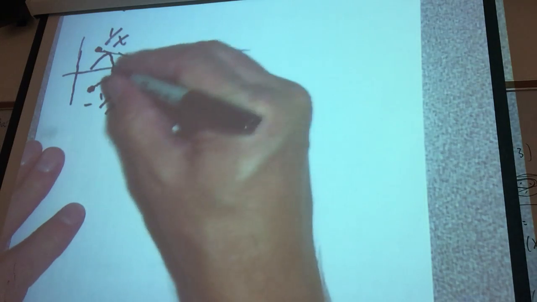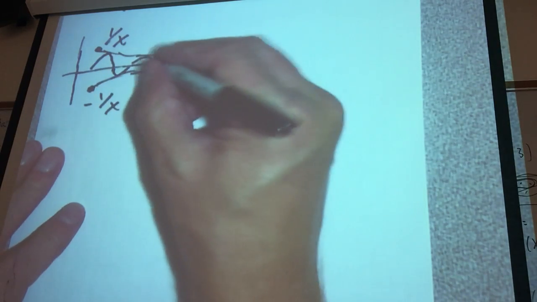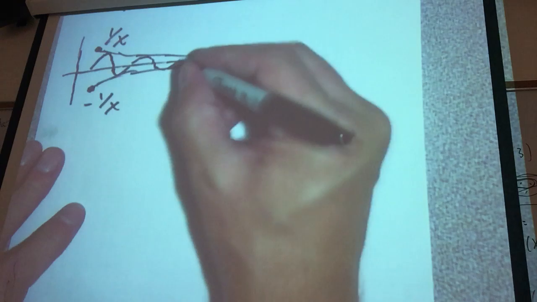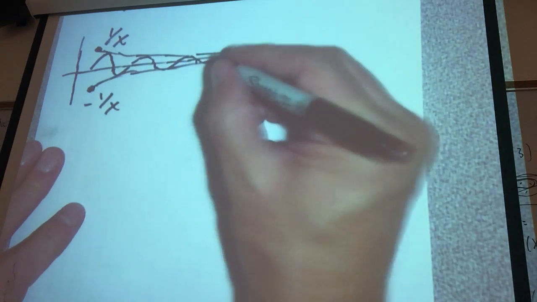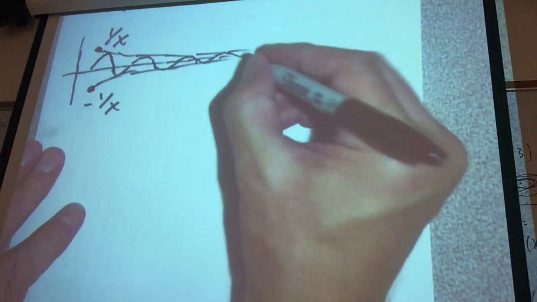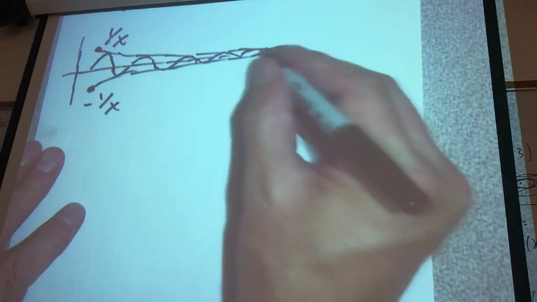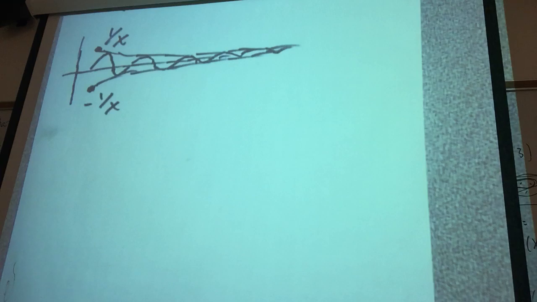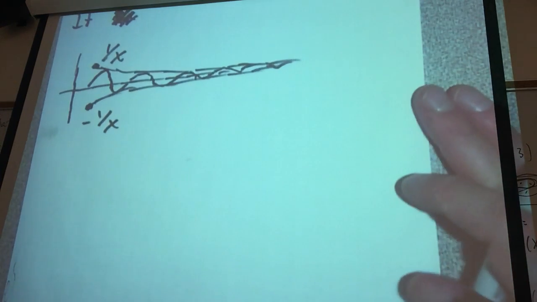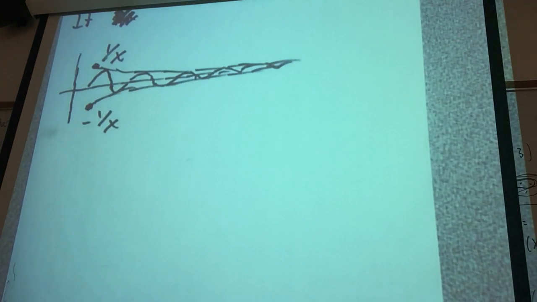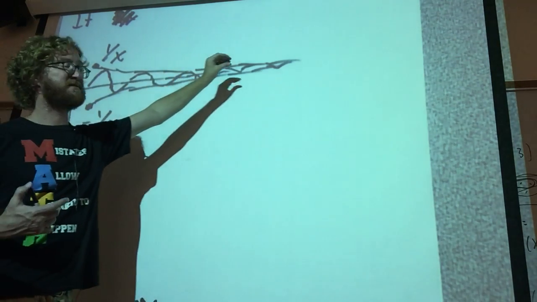If I draw my sine wave, it is still oscillating, but the oscillations are bounded by 1 over x and -1 over x. So as x tends towards infinity, the sine of x divided by x gets squeezed in tighter and tighter.